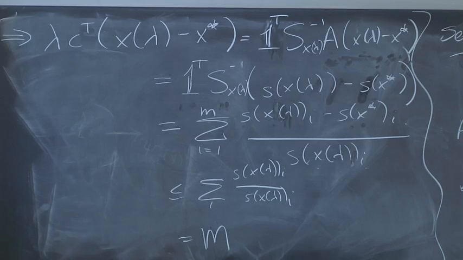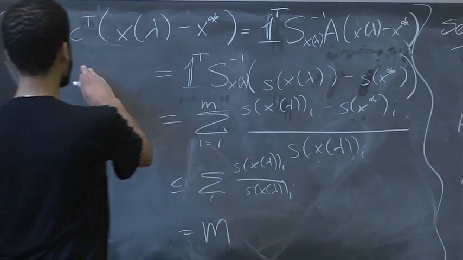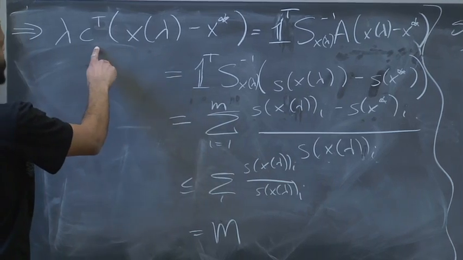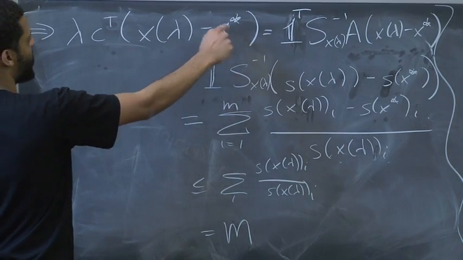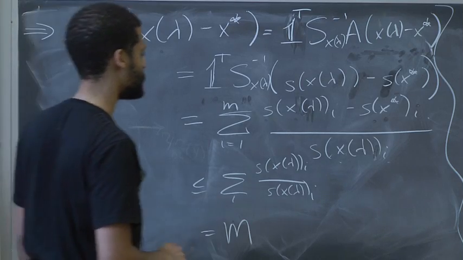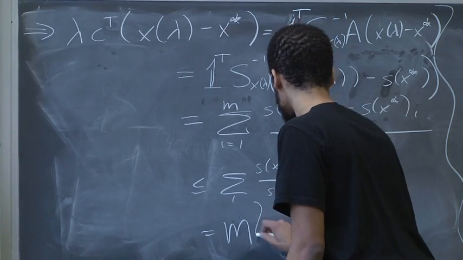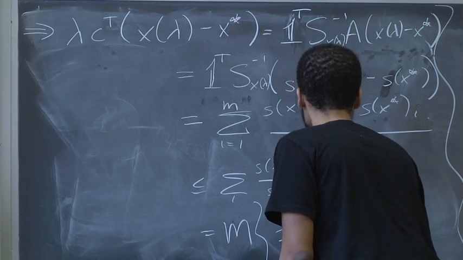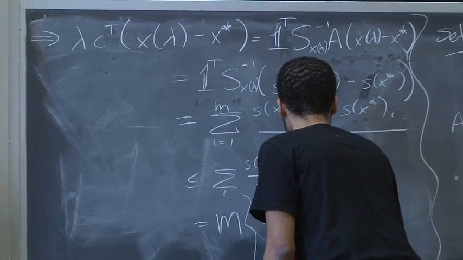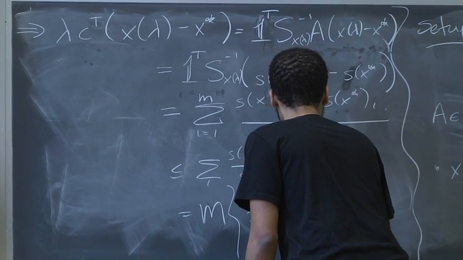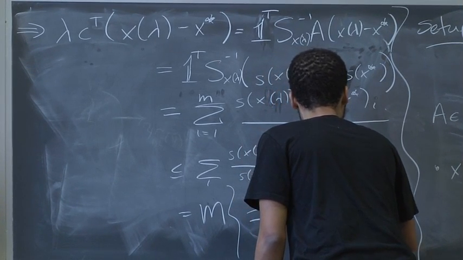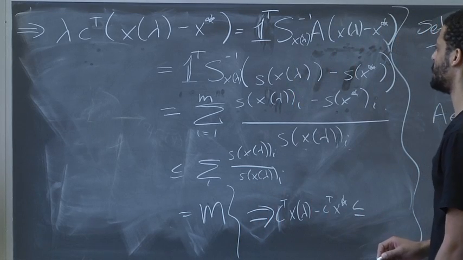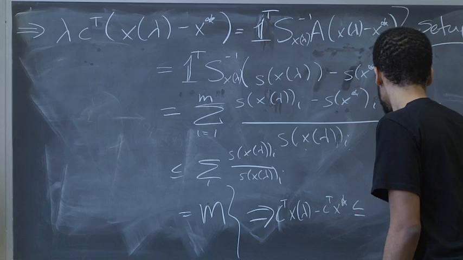So overall, this is exactly what we wanted. We wanted to understand c transpose of x of lambda minus c transpose of x star. So this implies that c transpose x lambda minus c transpose x star is at most m over lambda.